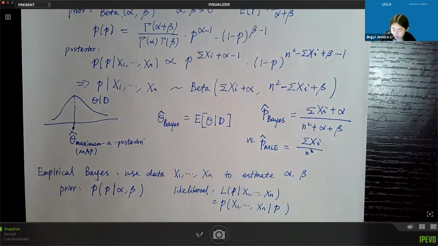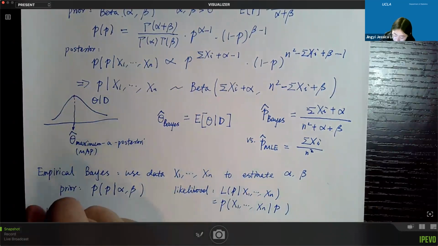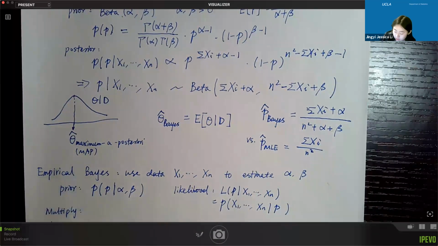And what will we get? The multiplication will give us this joint density, which is x1 to xn and P, given alpha and beta.